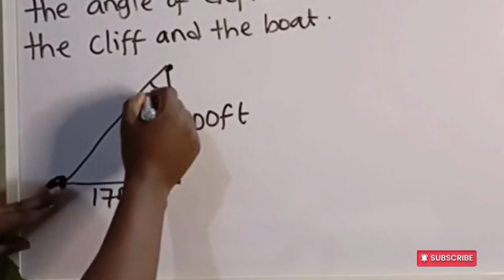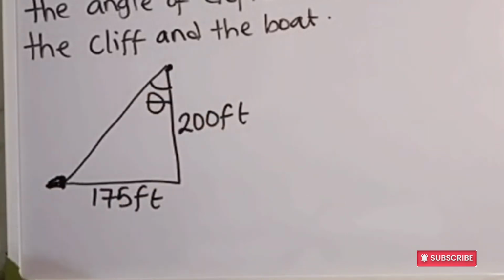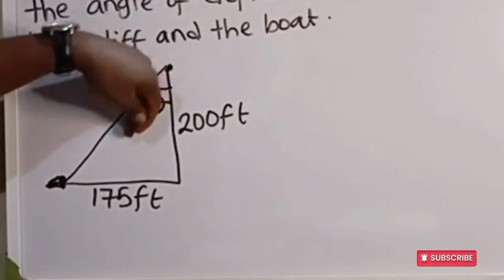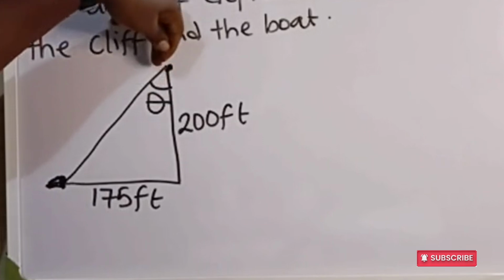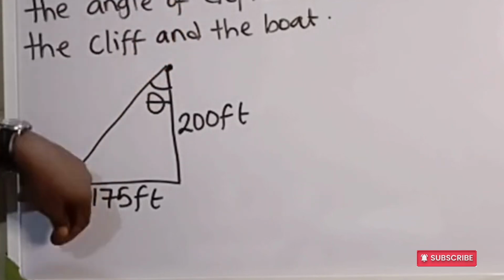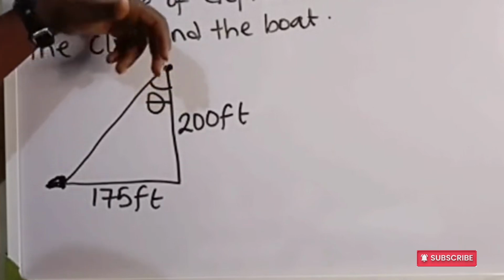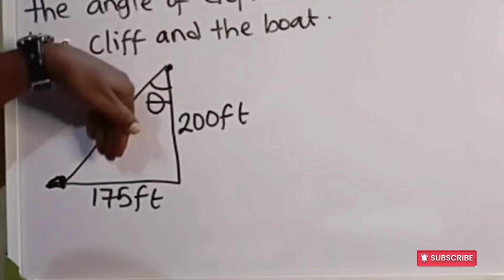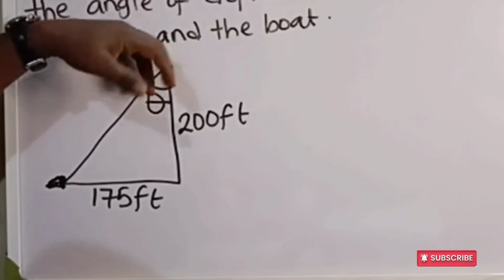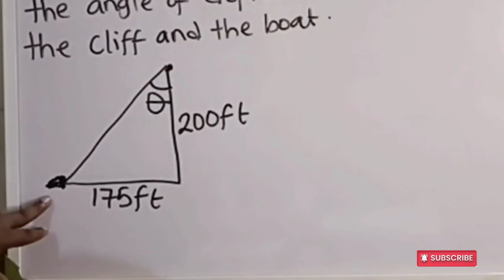There will be an angle formed, theta. This angle is called the angle of depression, going down. What angle will his eye form as he's looking down towards the boat?